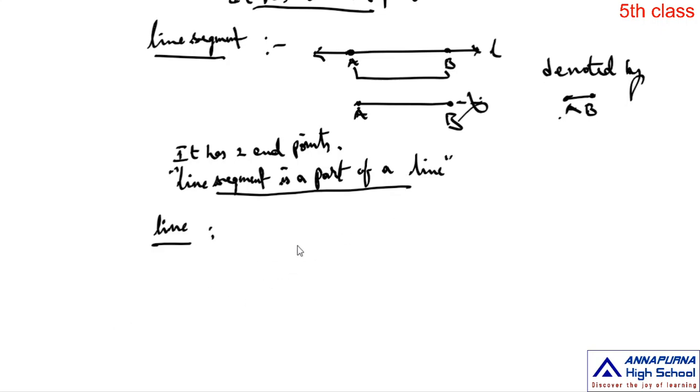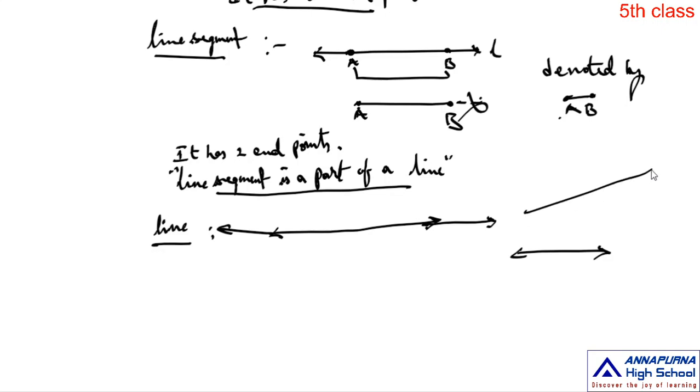So next, come to the next one, line. Line means it has no endpoints. There is no endpoint. We can extend indefinitely in this direction or in this direction. So this is the line. On either side, we put two arrow marks that show we can extend in this direction or this direction.